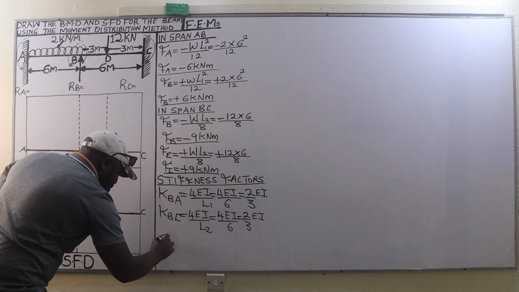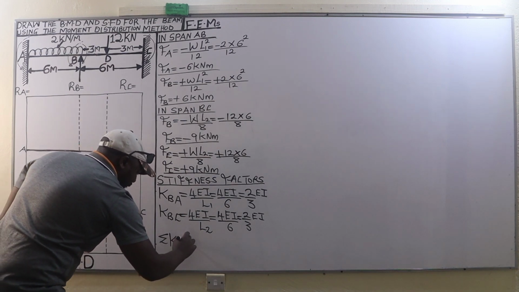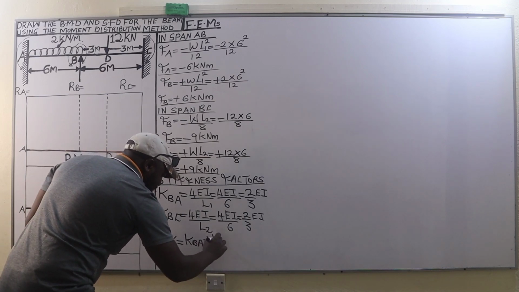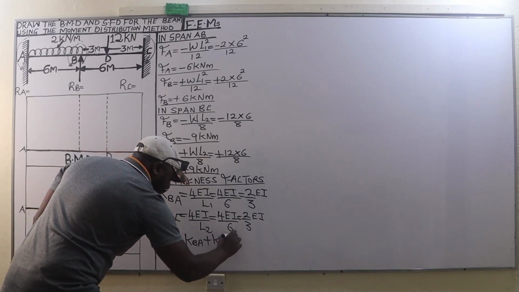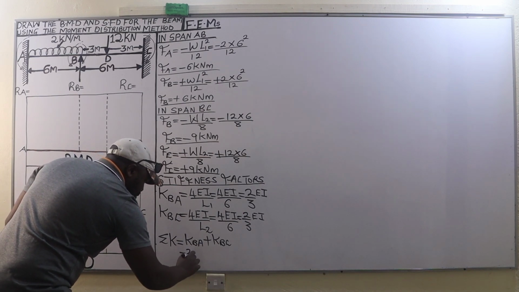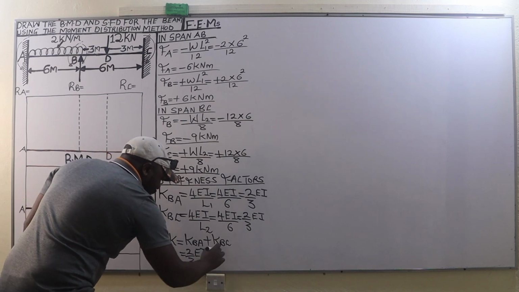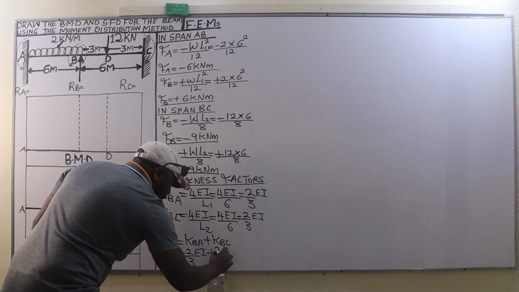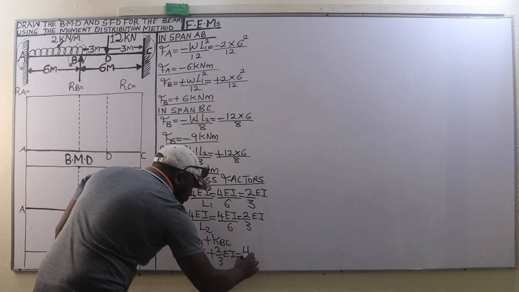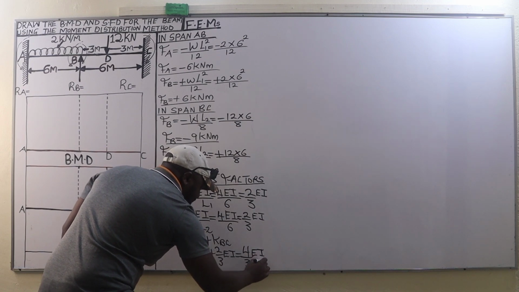Then we are going to determine the summation of the stiffness factors by adding the stiffness factor on member BA plus the stiffness factor on member B to C, and that is going to give us 2/3 of EI plus another 2/3 of EI, which gives us 4 divided by 3 EI.